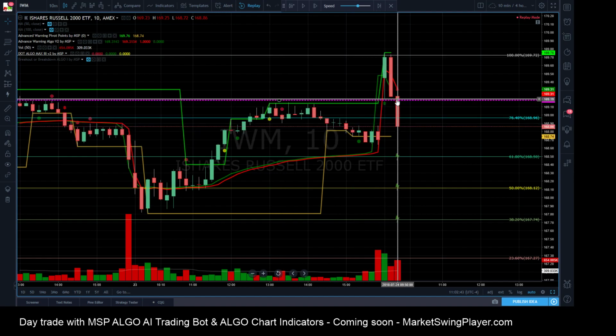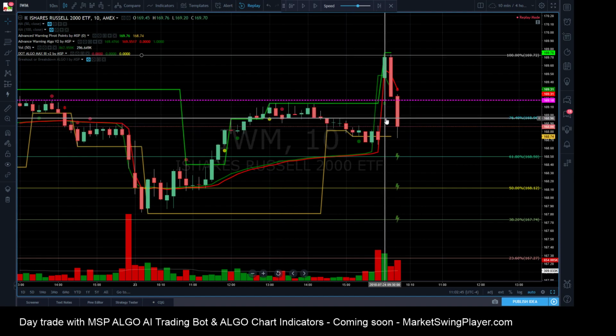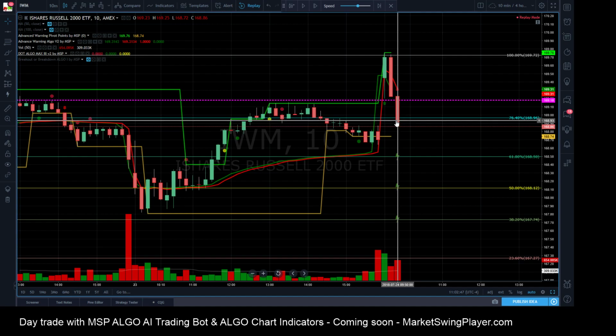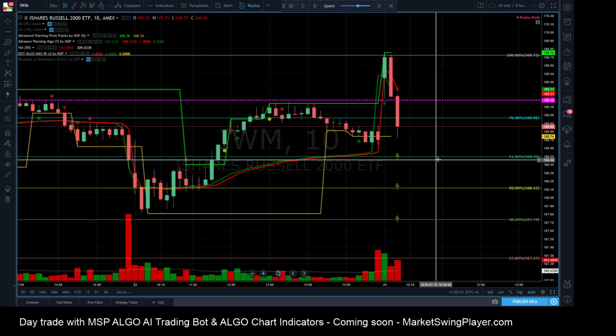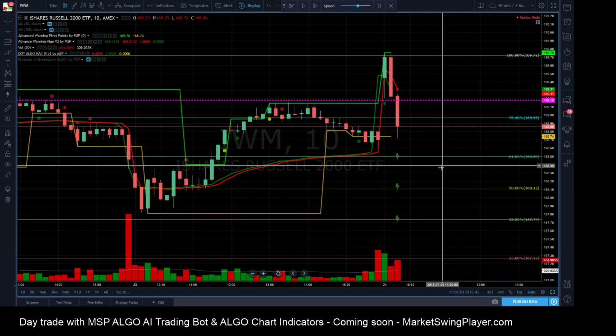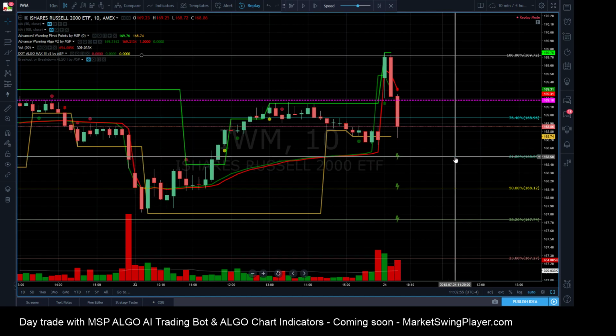Basically this was support, but when the market opened and it started to move, we see it failed convincingly. So we're looking at our target being about 168.5.